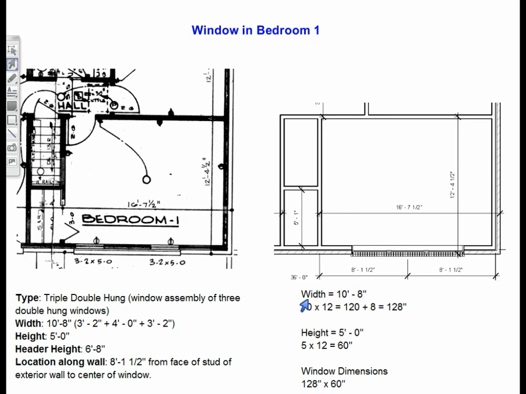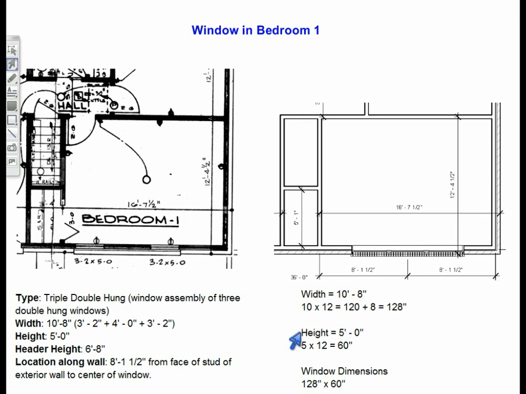So to calculate the width of this window in inches, you take the 10 feet multiplied by 12, because there are 12 inches in 1 foot. That will give you 120 inches. Then you add the additional 8 inches. That will give you 128 inches wide.